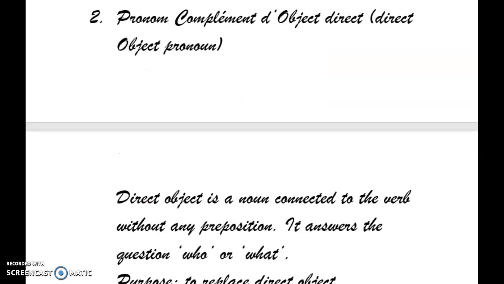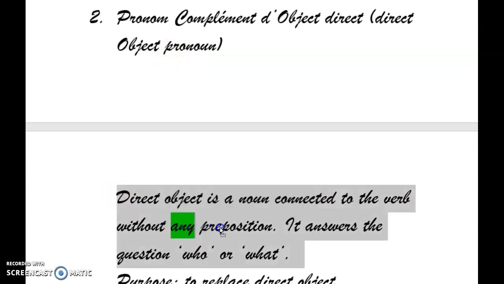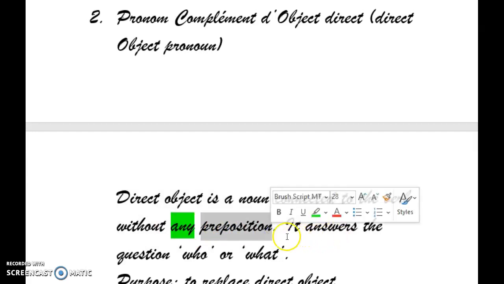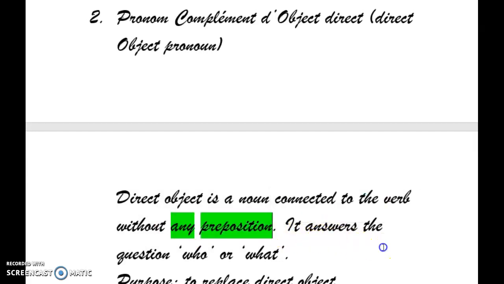Let's move on to the next topic, which is pronom complément d'objet direct, a direct object pronoun. A direct object is a noun connected to the verb without a preposition, and it answers the question who or what.